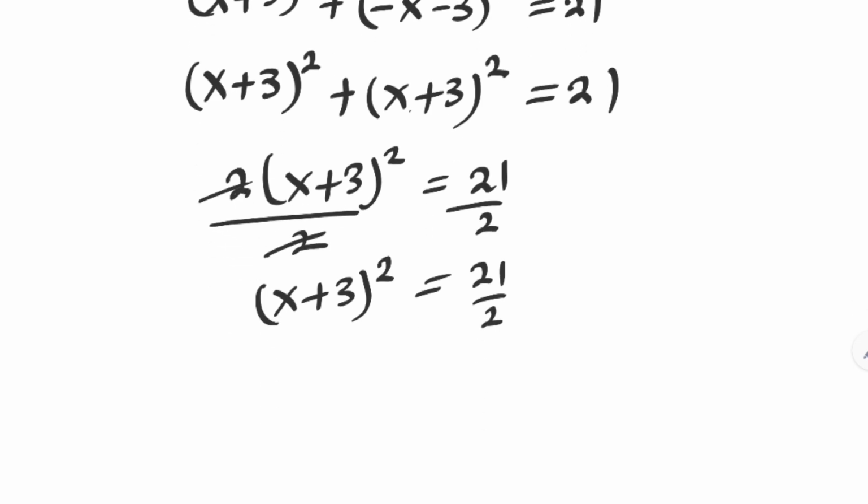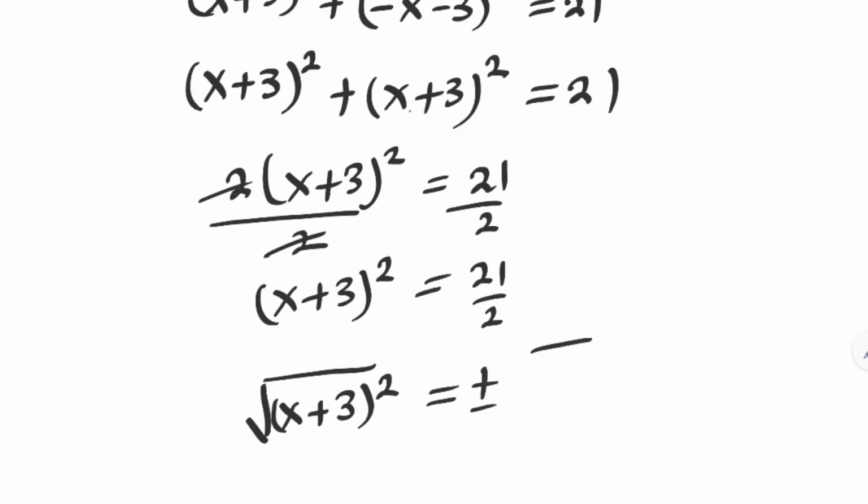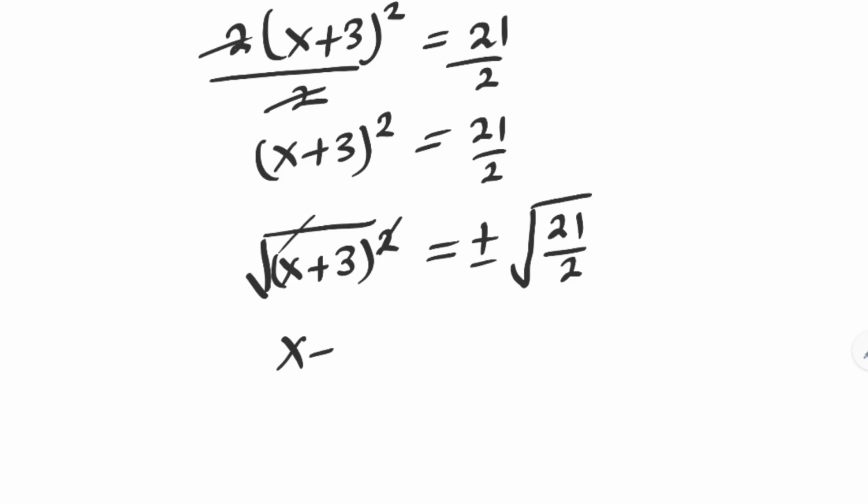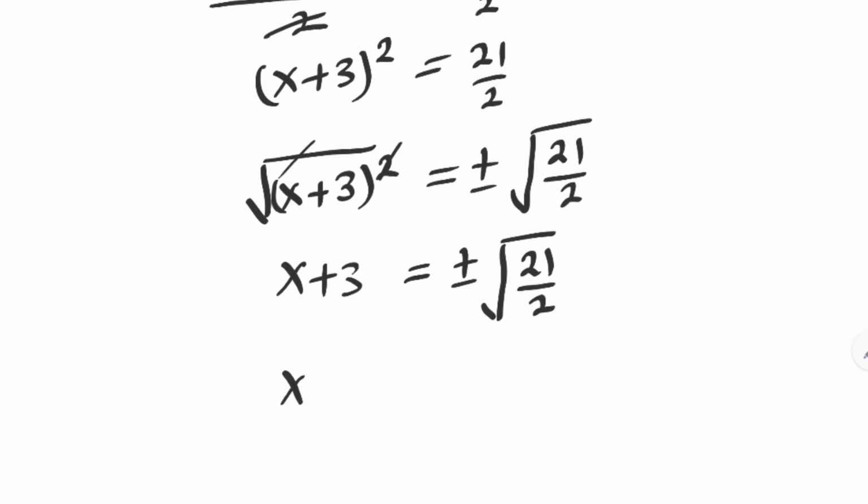Now let us take the square root of both sides of this equation. We have the square root of (x plus 3) all squared is equal to plus or minus the square root of 21 over 2. x plus 3 is equal to plus or minus the square root of 21 over 2. x is equal to minus 3 plus or minus the square root of 21 over 2.